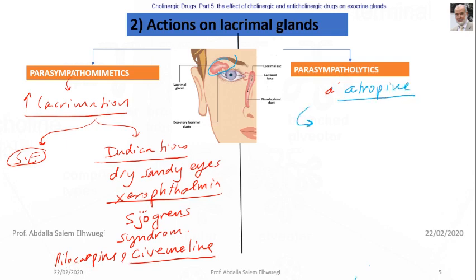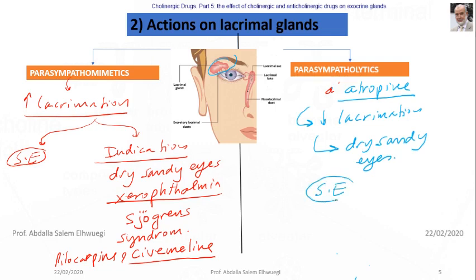They decrease lacrimation, and this produces a dry, sandy eyes sensation. Okay, this is a very common side effect, and it has no clinical application.